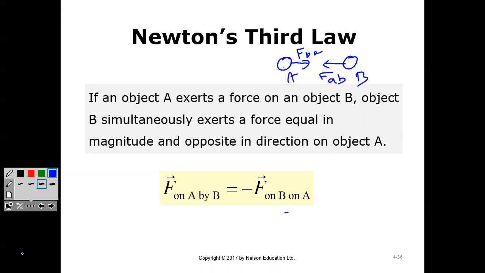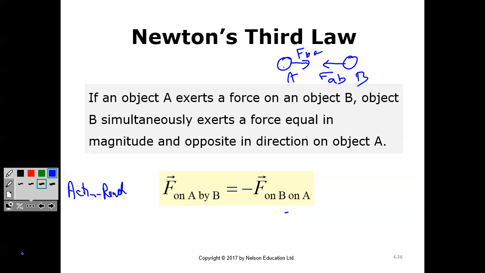So you loosely say action reaction. That is what it means. So it always comes in pairs. You don't have to be touching. You know the gravitational force between moon and earth. When the earth is pulling the moon towards it, moon is pulling the earth towards the moon.